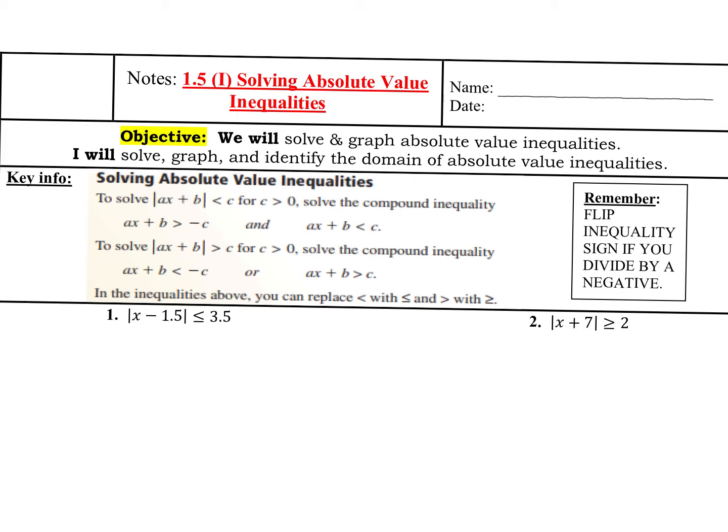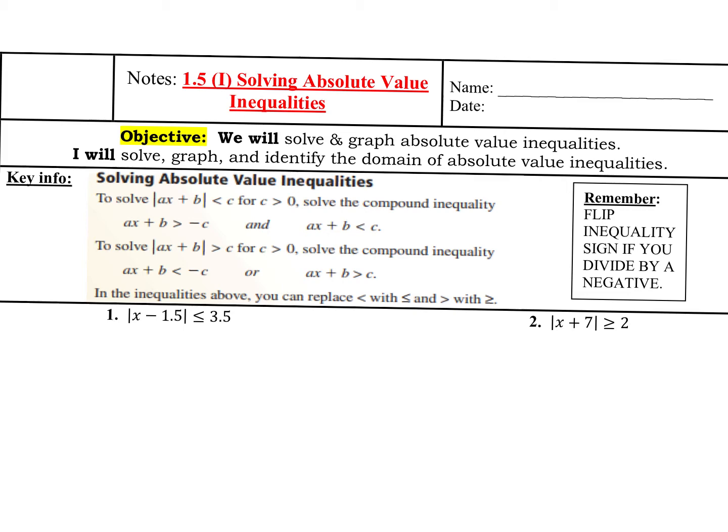Then we'll get into more depth and more examples about what it means to be an "and" problem and an "or" problem. Basically, you're going to solve these inequalities twice, as if they were an absolute value equation. If it's an "and" problem, both those answers have to be true: this answer and that answer must be true.